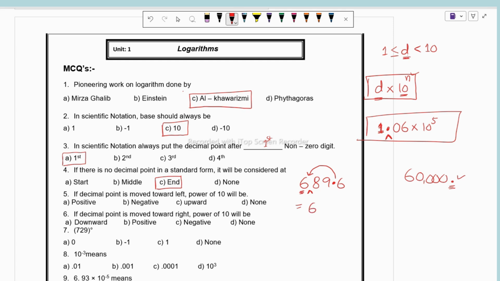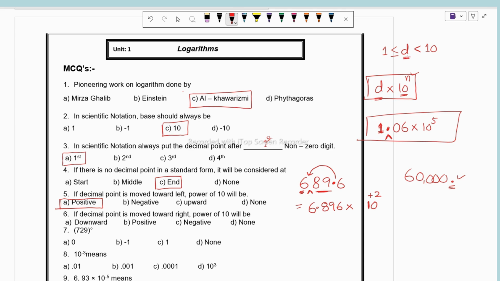So it will become 6.896 times 10 raised to the power. Now you will see how many digits I move the decimal. I moved the decimal towards the left 2 digits, so the power will be plus 2. So the MCQ's answer will be: if the decimal point is moved towards the left, the power of 10 will be positive.